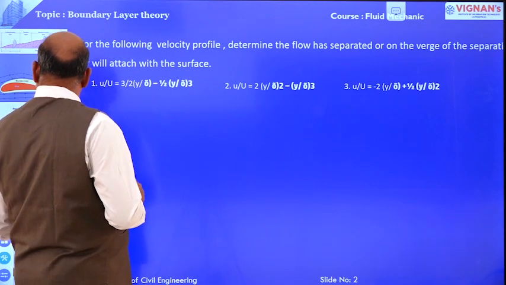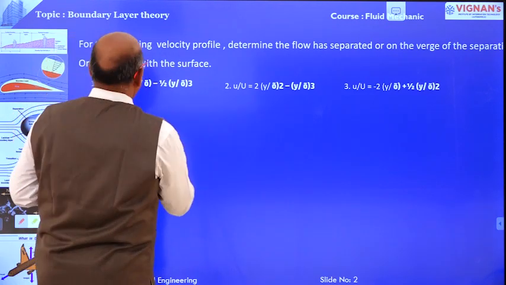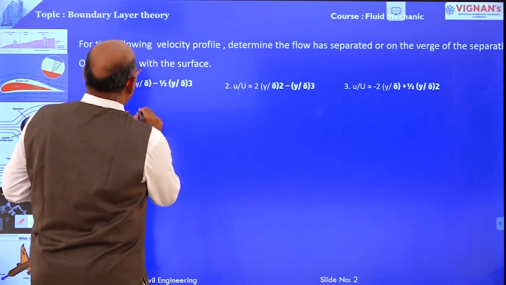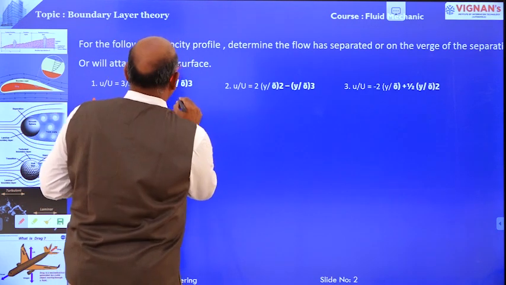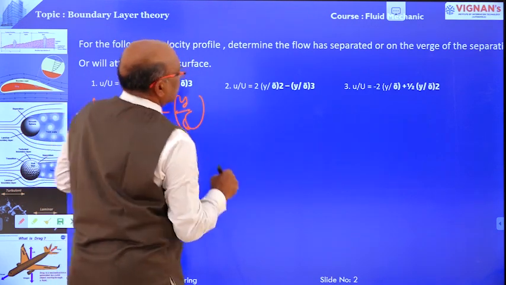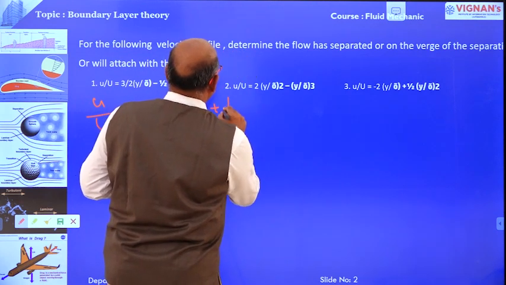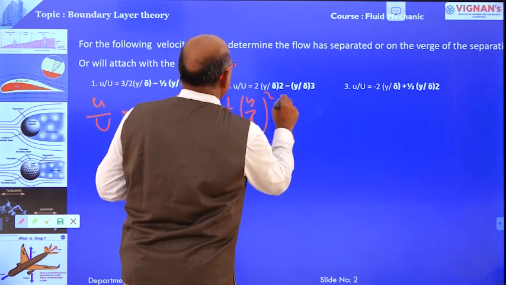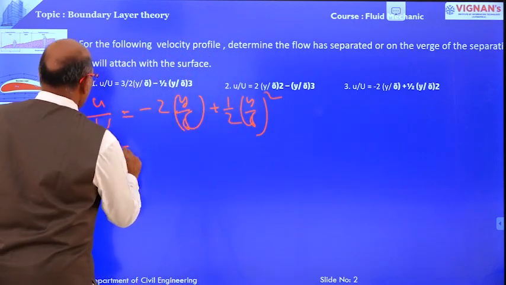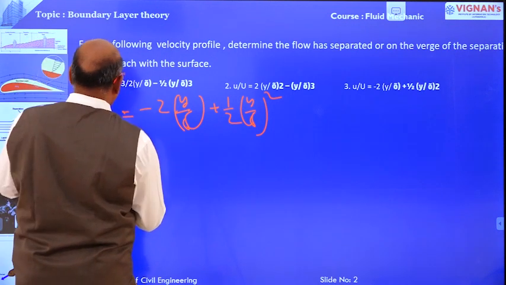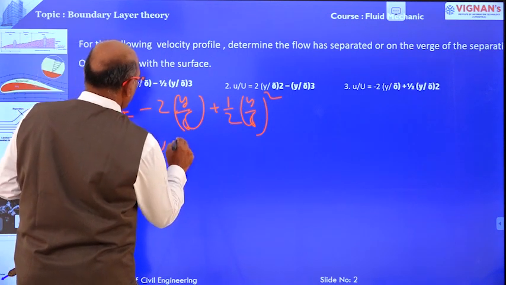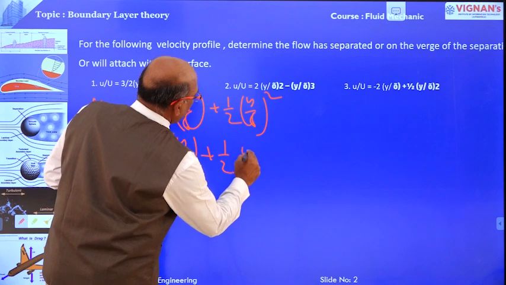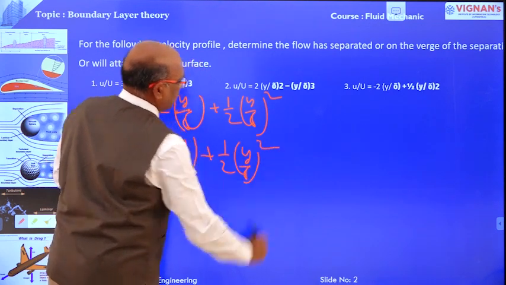And the last equation they have given is small u divided by capital U equal to minus 2 y by delta plus 1 by 2 y by delta square. In the same way, small u, the velocity of the flow within the boundary layer, equals U times minus 2 y divided by delta plus 1 by 2 y by delta square.